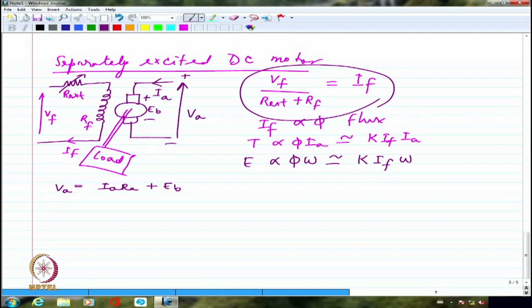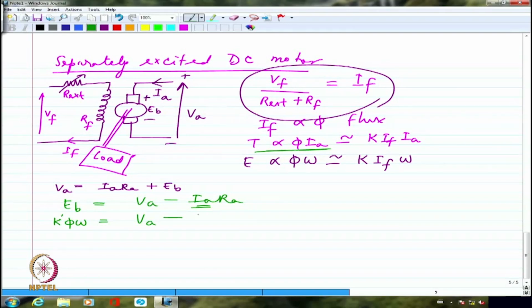So I'm going to have VA equal to IA RA plus EB, or on the other hand I can write EB equal to VA minus IA RA, which I can again write as K IF omega or K dash phi omega, which will be equal to VA minus, I can write IA as torque divided by K phi.